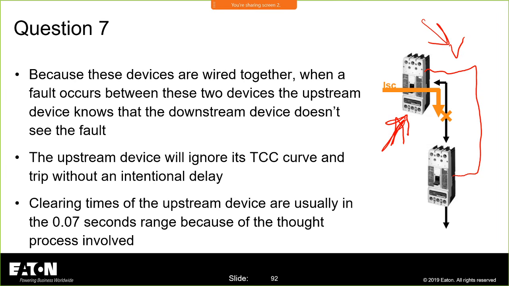Now, when I say without an intentional delay, what I mean is that it's not going to be as fast as the instantaneous, because think about what's going on. There's a brain in this device up here. And the brain has to say, I see fault current flowing. It has to look at the input signals to see if there's a device downstream.